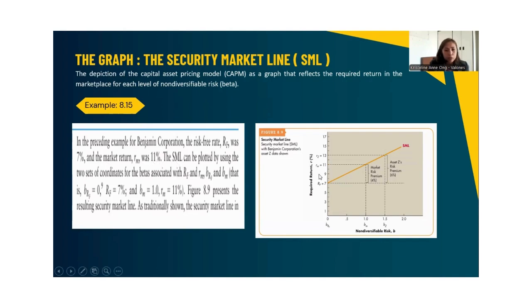If we plot it on the security market line, this is the risk-free rate of return, the 7%, and then the market return of 11% is here.